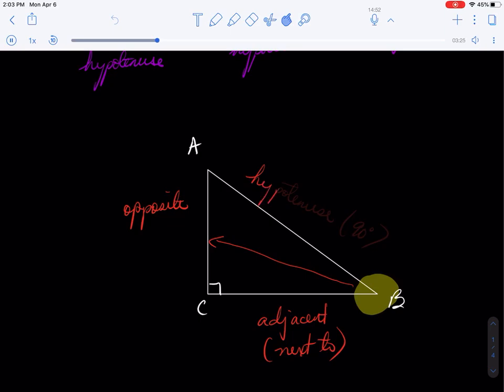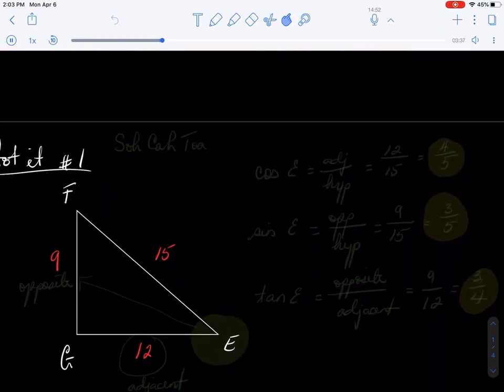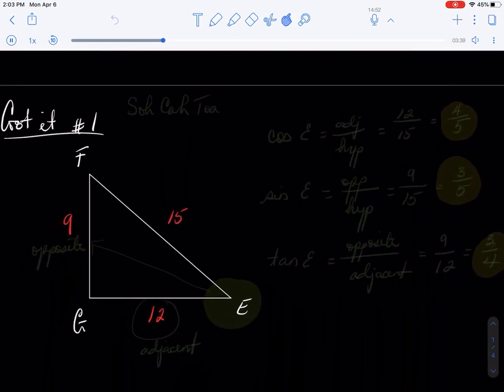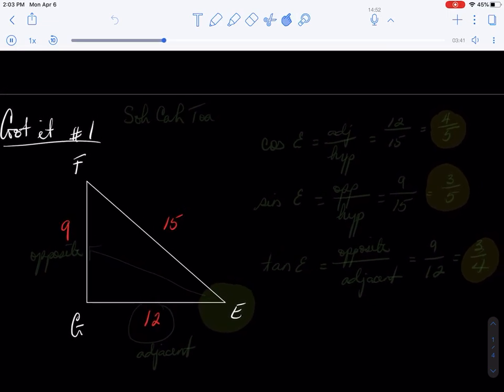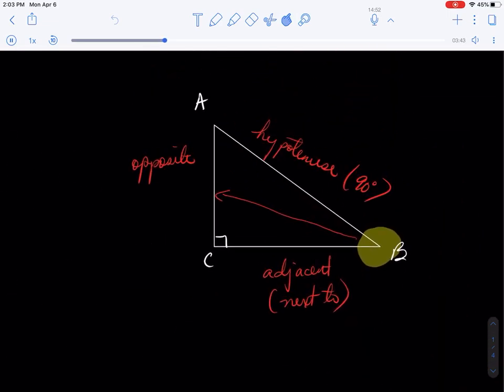The hypotenuse is always opposite from the right angle, opposite from the 90-degree angle. If I talk about angle A, then the adjacent will be the one next to angle A.